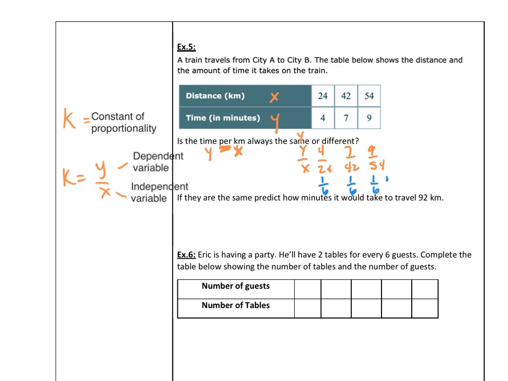And that's in minutes per kilometer, so that's our units. If we look, they are all the same: 1/6, 1/6, 1/6. So we would say, yes, this is proportional, and our constant of proportionality is 1/6. It's the unit rate of 1/6 minutes per kilometer.